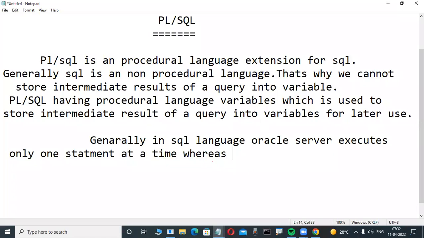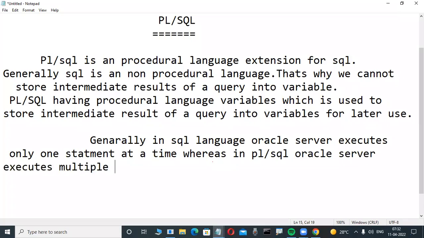Whereas in PL SQL, Oracle server executes multiple statements at a time.